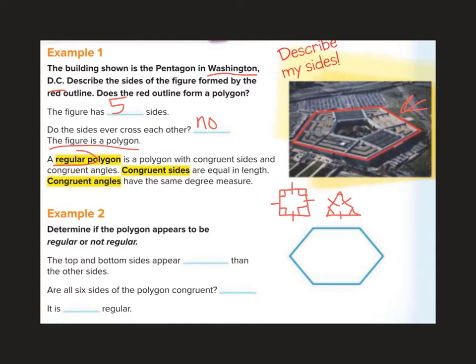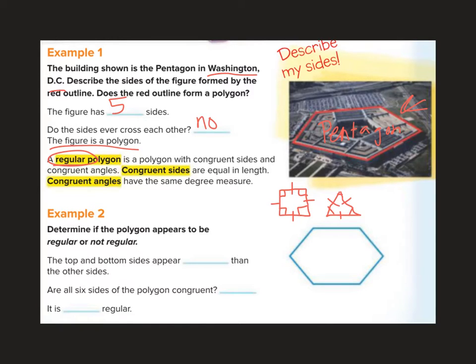So regular is one of those vocabulary words. Congruent sides are equal in length. Congruent angles have the same degree measure. So this shape right here is a pentagon. I wish they would have shown it from above. From above, it's a regular pentagon.